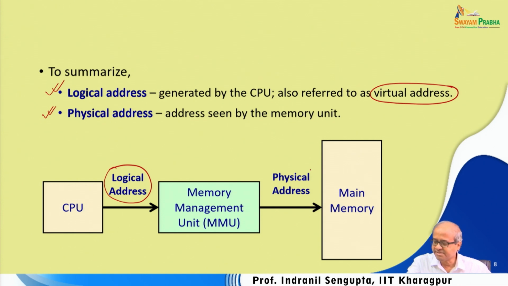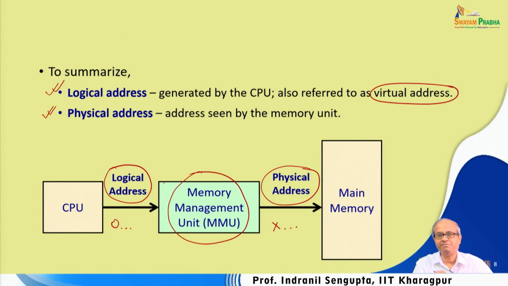Physical addresses are those which refer to actual main memory locations. As I had said, logical addresses will start from 0 up to some maximum value, but physical addresses will start from some value, say X, up to some maximum value. The memory management unit sitting in between has to do the translation from logical addresses to physical addresses. This is one main responsibility of the memory management unit.